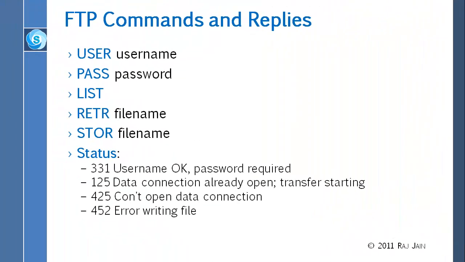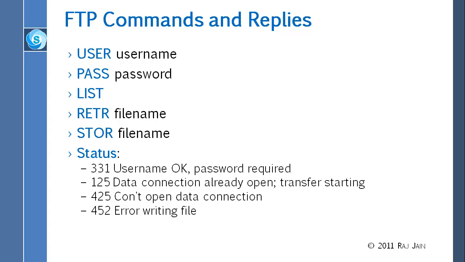And the commands for FTP are, as usual, user username, password, list. List is simply a command which lists the files in a directory. Then we have retrieve file name, store file name, status, and then the status numbers are very similar. 331 username okay, password required. 125 data connection ready.